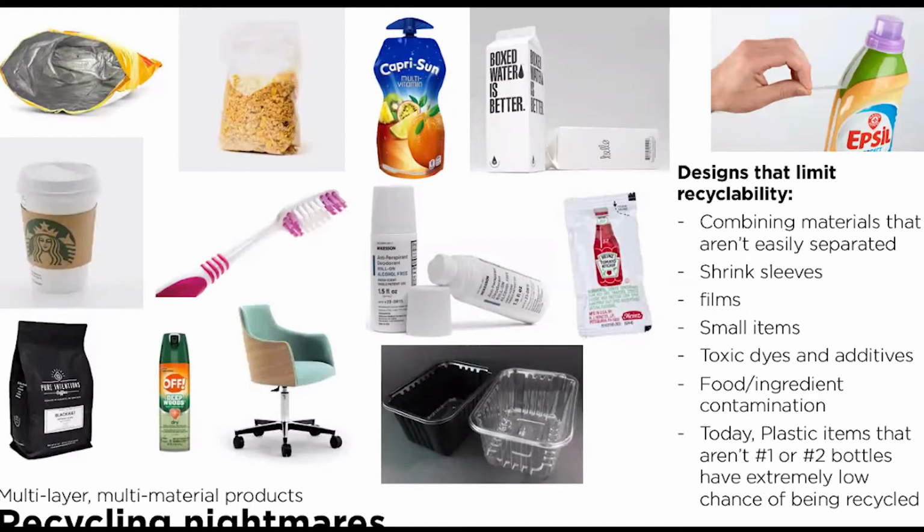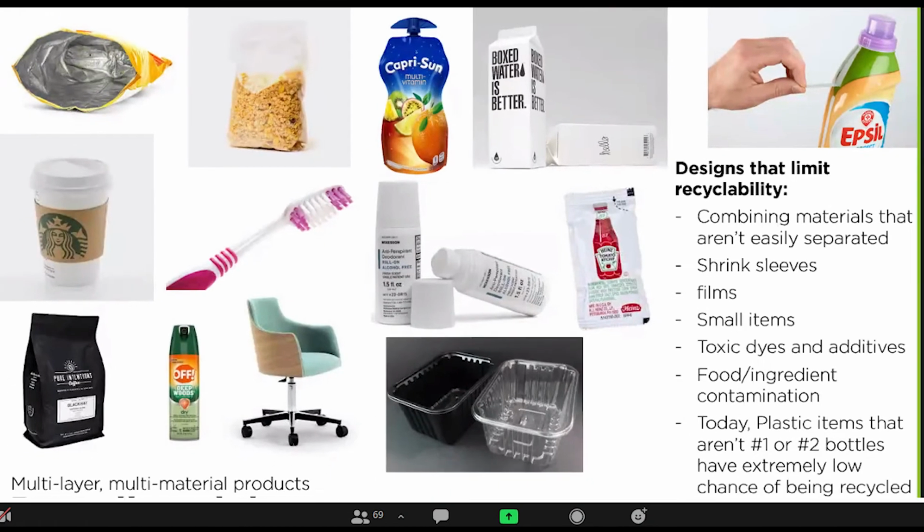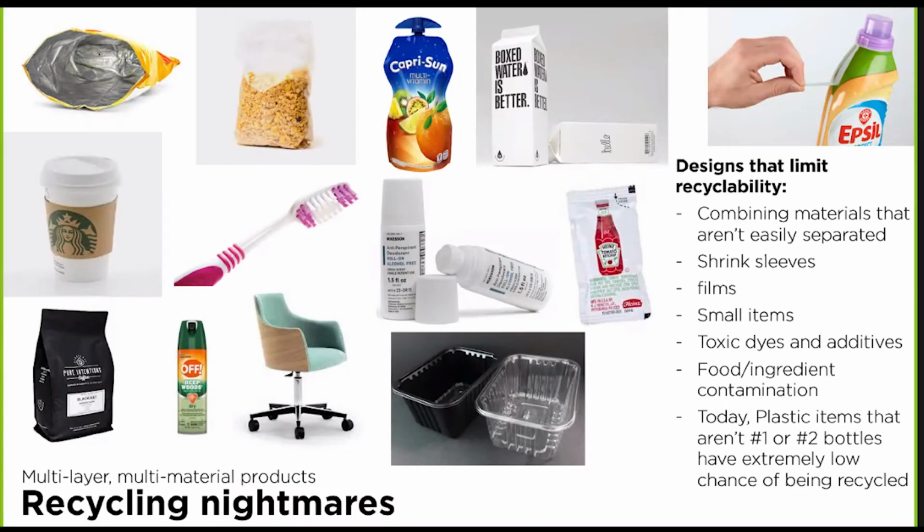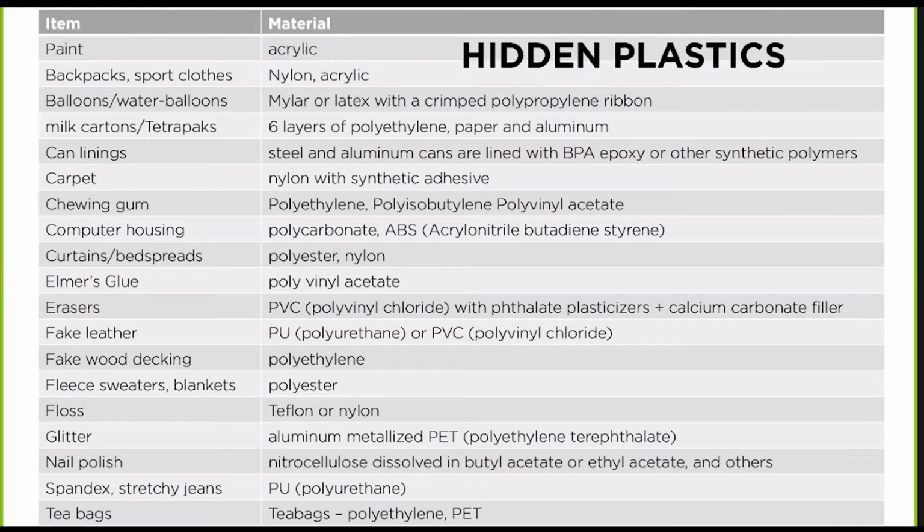So today, if it's not a number 1 or number 2 bottle, and these are types of plastics, they have extremely low chance of being recycled. And these are just some examples of the plastics that we see. These are called fast-moving consumer goods that are lining our grocery shelves. But we also have a huge amount of other items that fill our world that are made out of plastic that we don't necessarily identify as plastic.